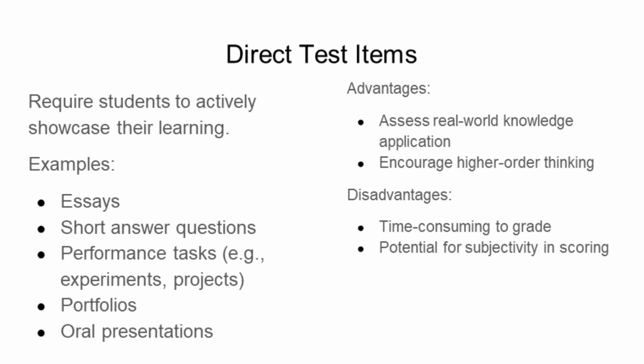Examples of direct type of test are essay, short answer question, performance test, for example, experiment, project, artistic creation, portfolio, and oral presentation. The direct type of test has advantages for assessing the application of knowledge in real world context and promotes the development of higher order thinking skills.